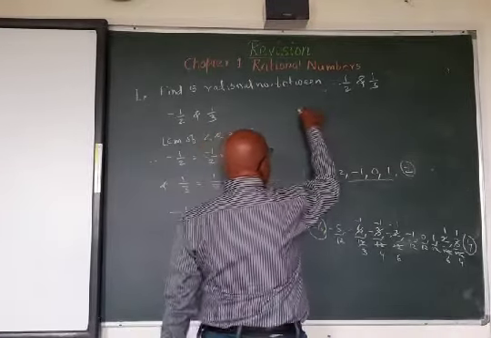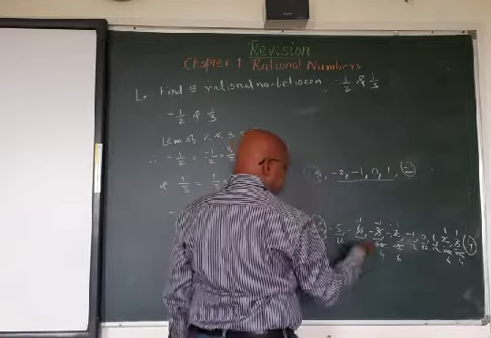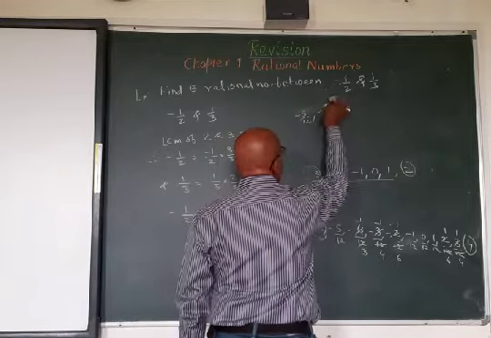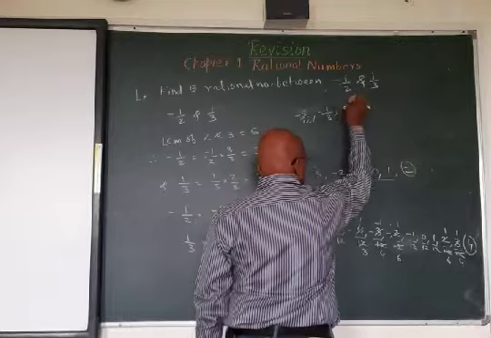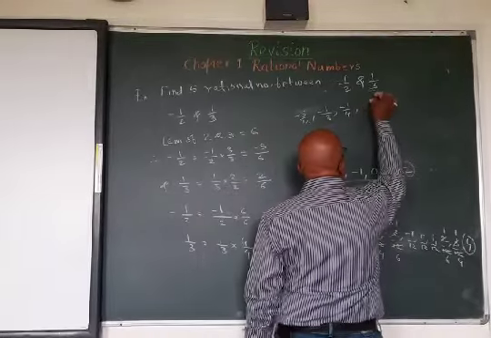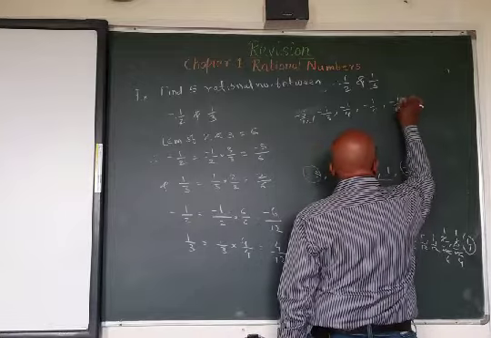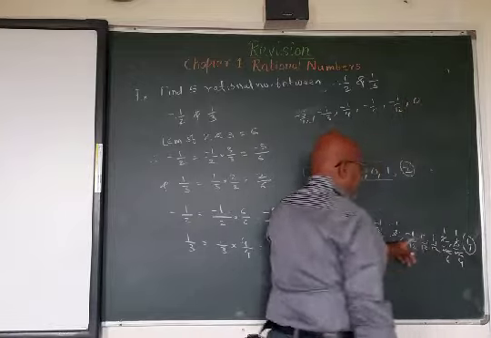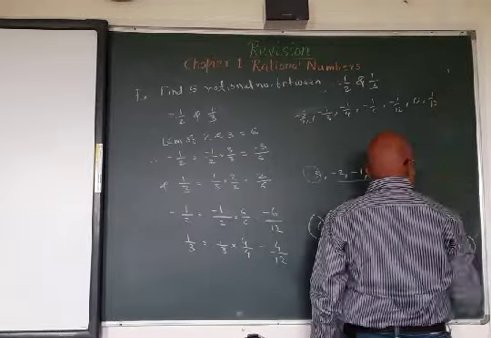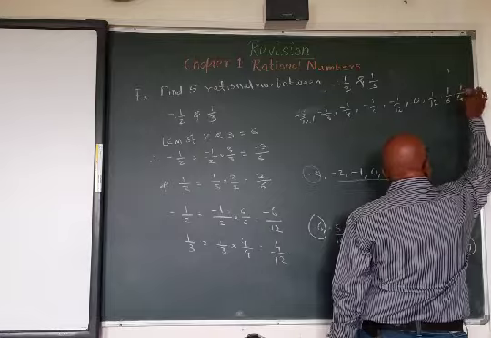So in between, the numbers are minus 5 upon 12, minus 1 upon 3, minus 1 upon 4, minus 1 upon 6, minus 1 upon 12, 0, because 0 divided by anything is 0 only, 1 upon 12, 1 upon 6, 1 upon 4.